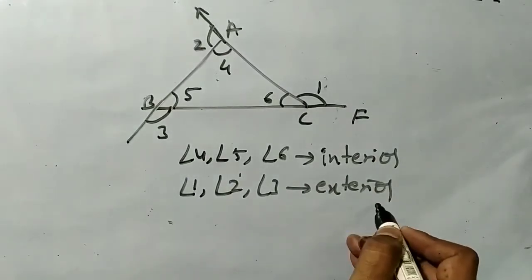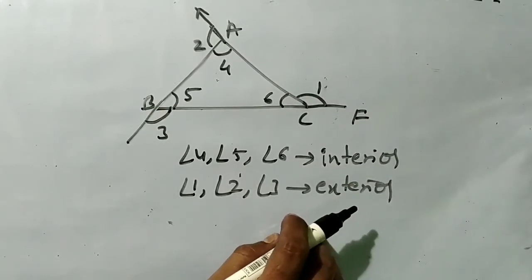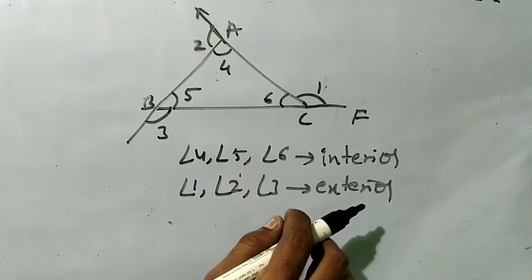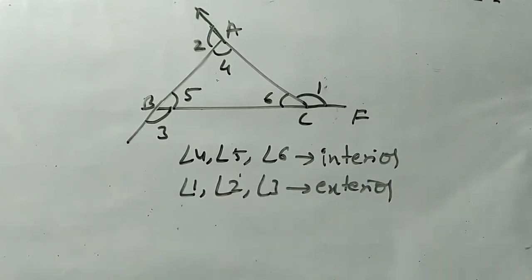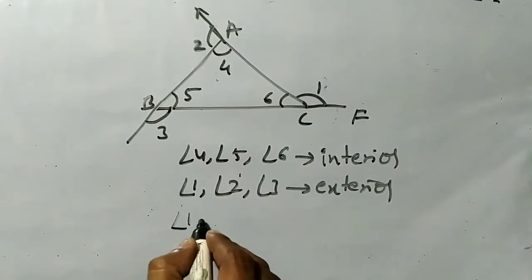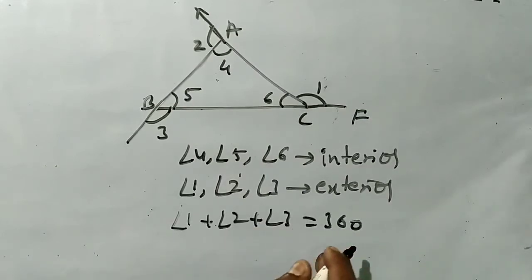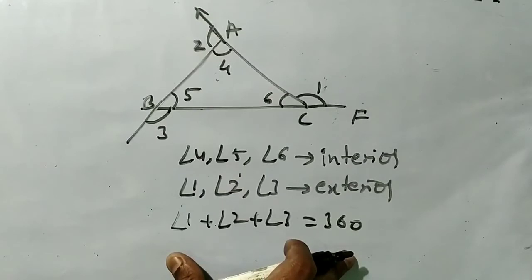So we have to prove that the summation of exterior angles is equal to 360, that is angle 1 plus angle 2 plus angle 3 is equal to 360, as given. Whether this is correct or not, we have to prove. We have already proved the interior angles of a triangle sum to 180, so now we prove the exterior angles of a triangle sum to 360.